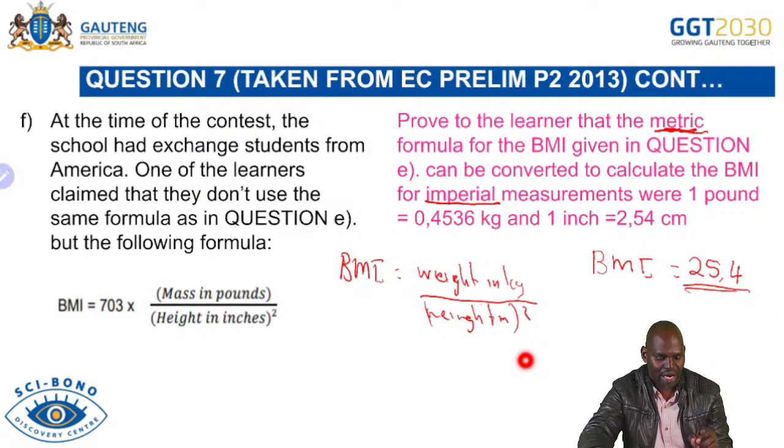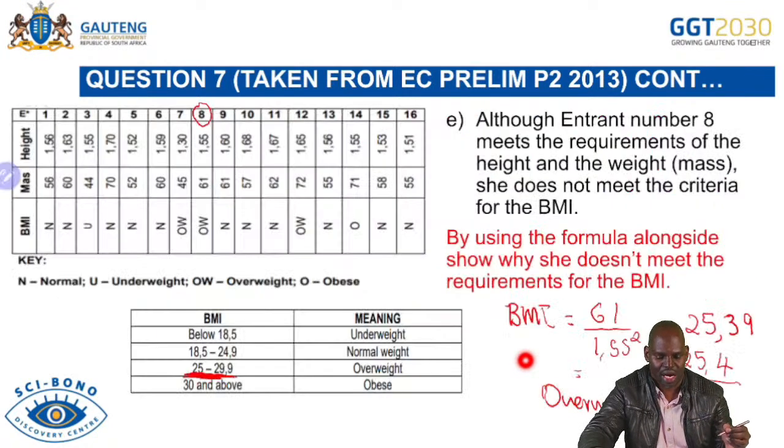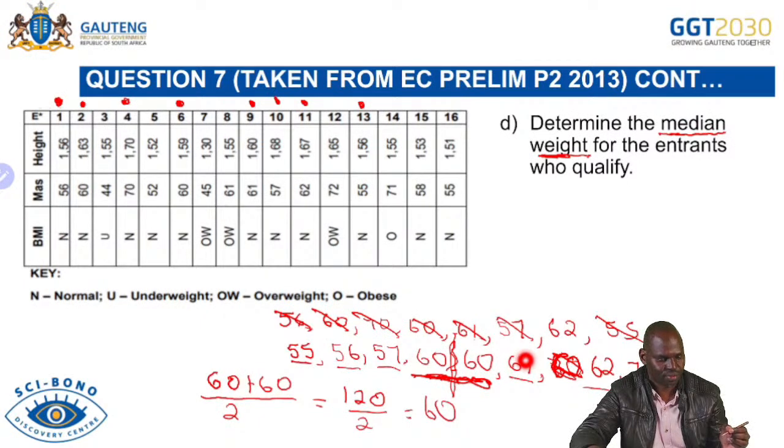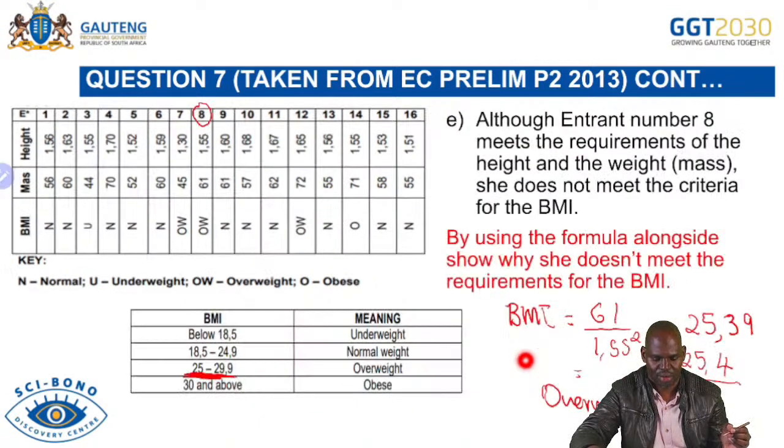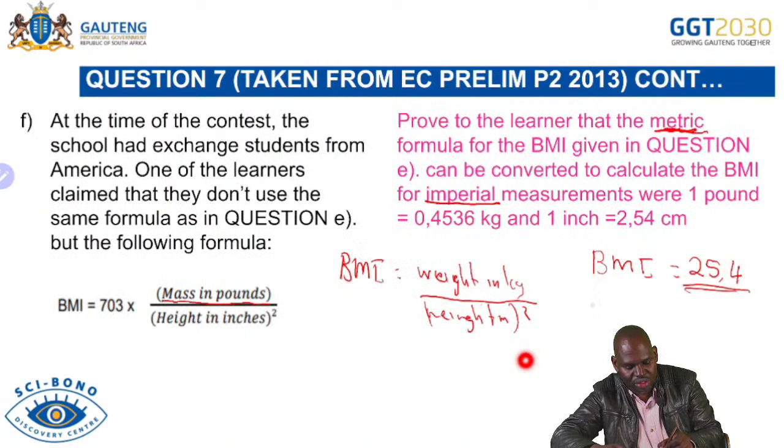Let's see. But now this one, remember, the mass that we substitute must be in pounds, and the height that we substitute must be in inches. The given mass and height from the previous slide, we know that is 61 kilograms and 1.55 meters.